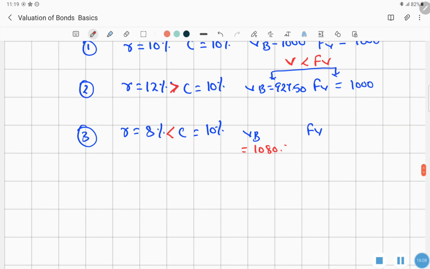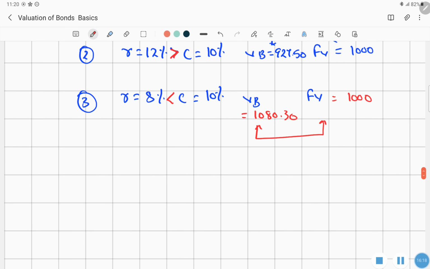The face value of the bond will remain the same. In this case, we have found that when the required rate of return is less than the coupon rate of interest, we find the value of the bond is greater than the face value of the bond, right? The value of the bond is greater than its face value.